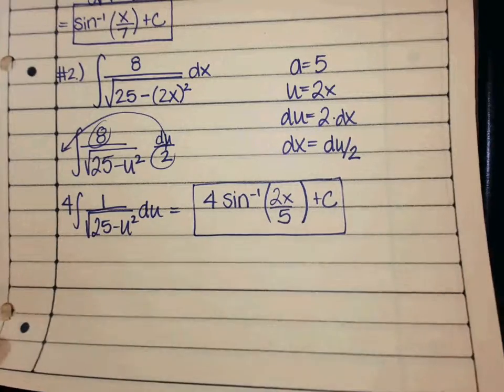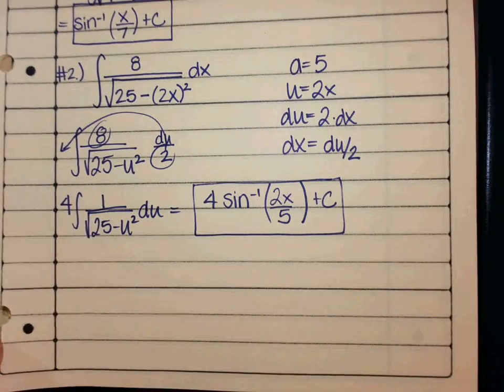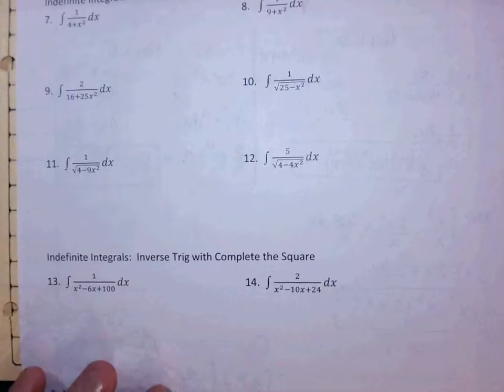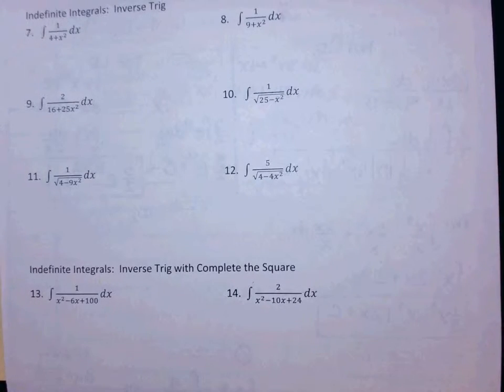Do you want to do one off your homework real quick and make sure? Because I wasn't going to do a bunch of those, but I'll do one more if you need me to. Yeah, why don't y'all try? Turn your homework over to the back. And which of those look like inverse sine? Between 7 through 12. Okay, 10. Do number 10.